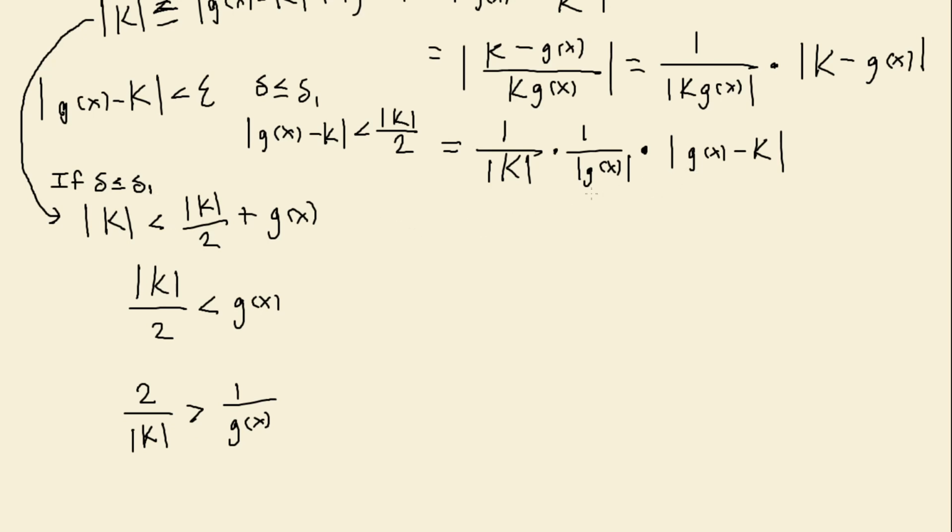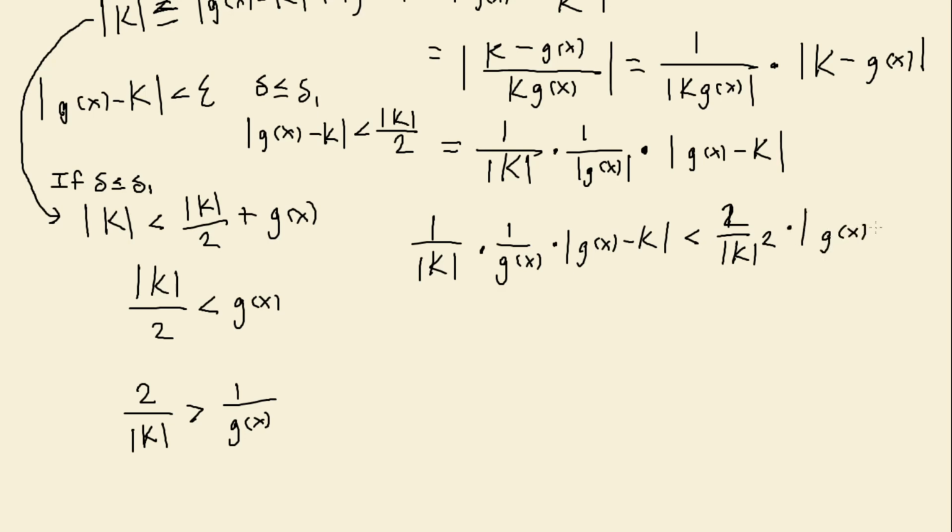And so this expression here, 1 over the absolute value of k times 1 over g of x times the absolute value of g of x minus k, is going to be less than 1 over the absolute value of k times 2 over the absolute value of k, which is just 2 over the absolute value of k squared, times the absolute value of g of x minus k.